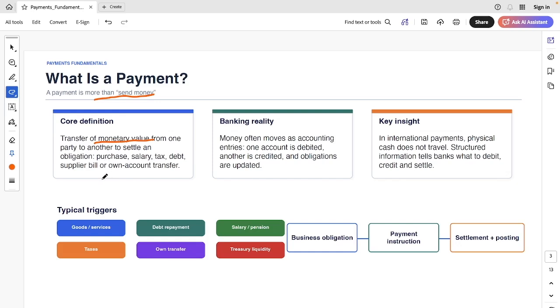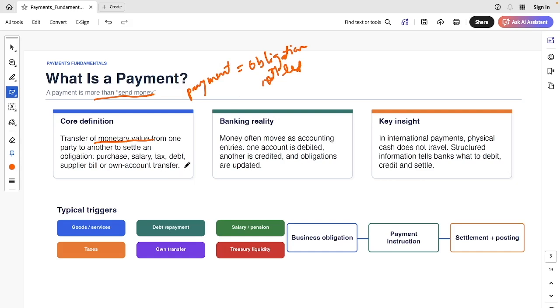You buy goods, you pay the merchant; company pays salary, employee receives money; company pays taxes, government receives value; business pays supplier, supplier's invoice is settled. So payment means the settlement of obligation between two parties. This is how you can quickly remember what a payment is.